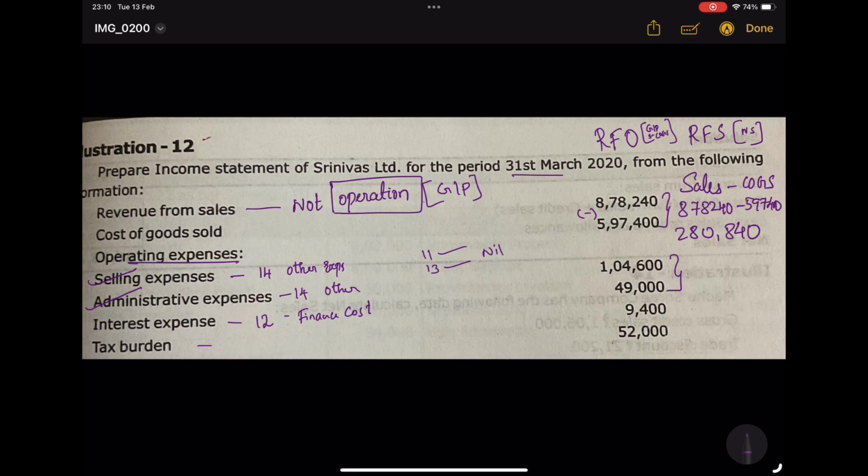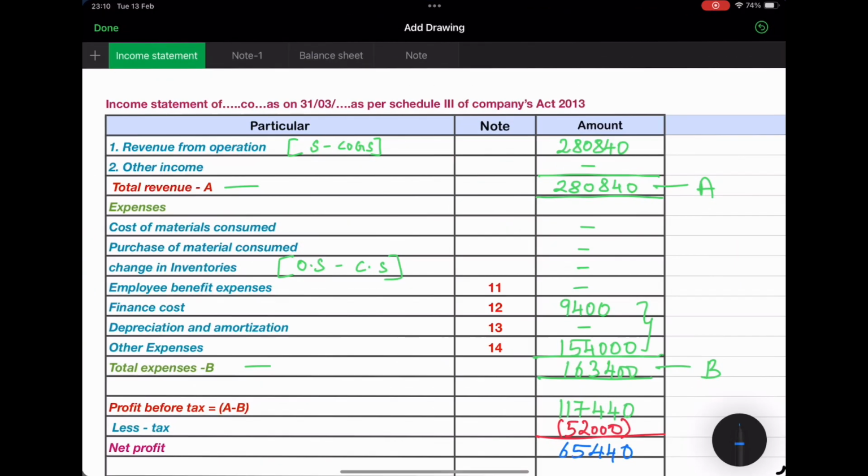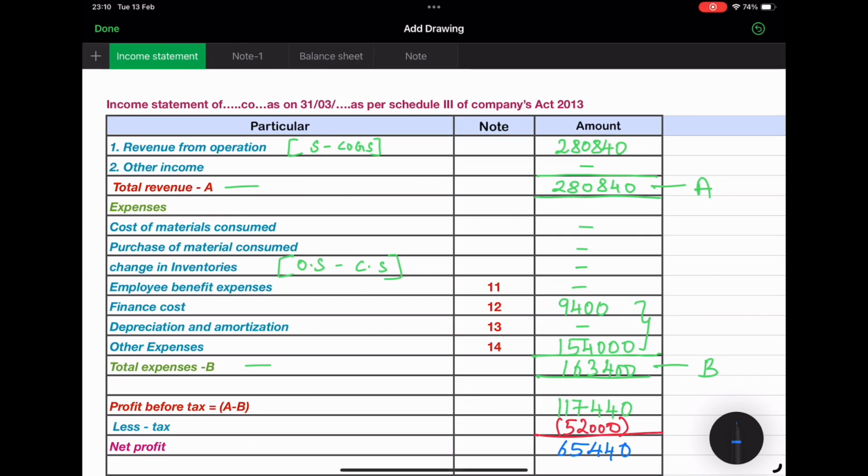One thing, we have to clearly understand the question. We have to identify the expenses and income under which heading we are going to write. If you know that particular part and if you know how to analyze, that means if you understand the concept, writing in an orderly manner will be an easy part, isn't it? So after calculating the net profit, we'll solve the balance sheet and the remaining part of the problem.